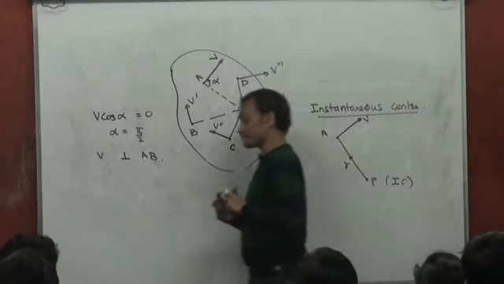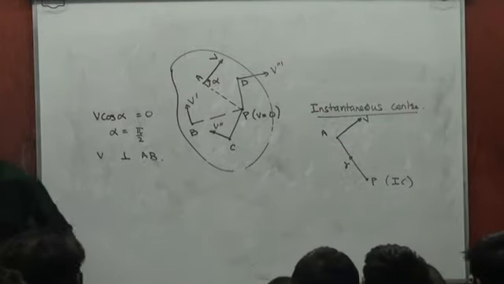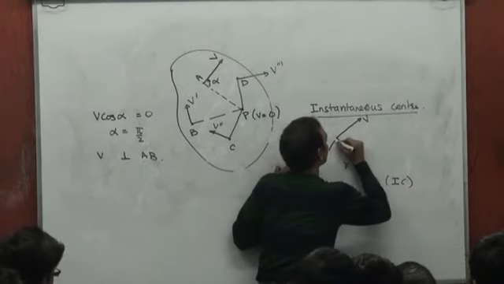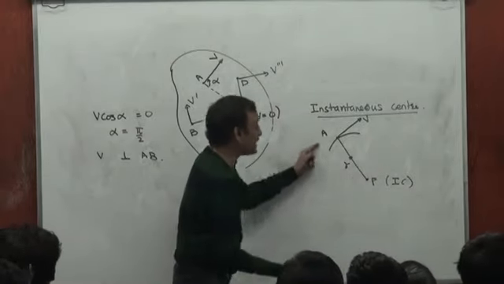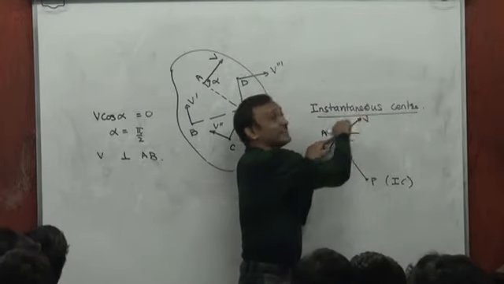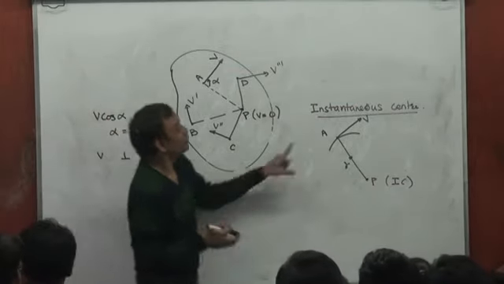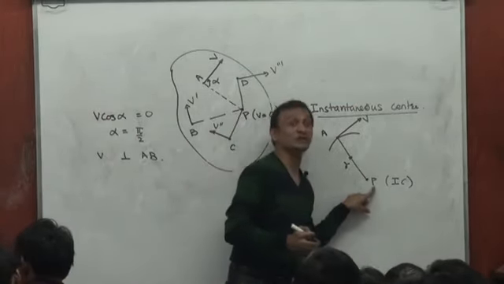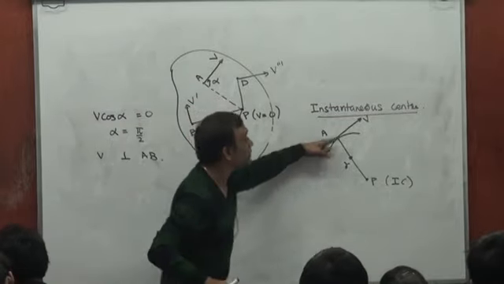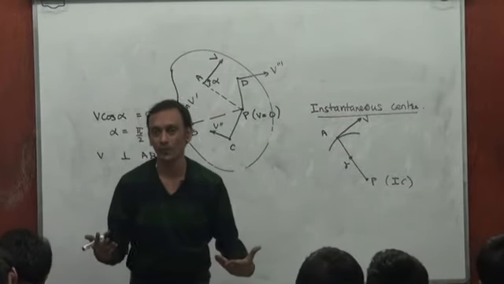Means, from the perspective of P, the instantaneous center, I can imagine A to be moving in a circle of radius R with P being the center of that circle, with the tangential velocity V, yes or no?